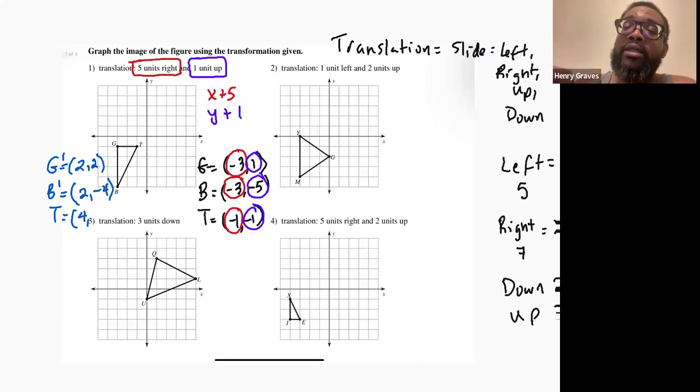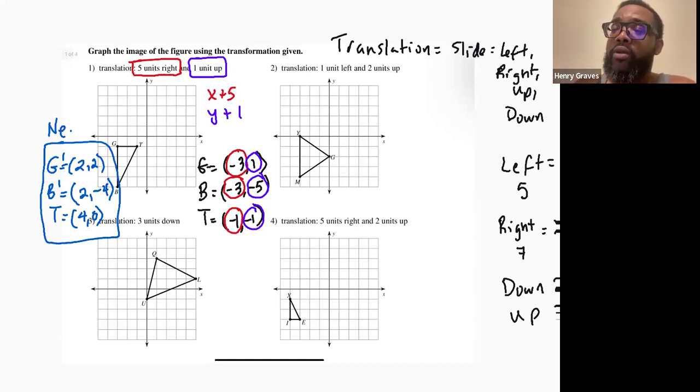So let me plot, this is my answer here. This is my new ordered pair I'm going to be messing with, just like this one here was my old ordered pair.